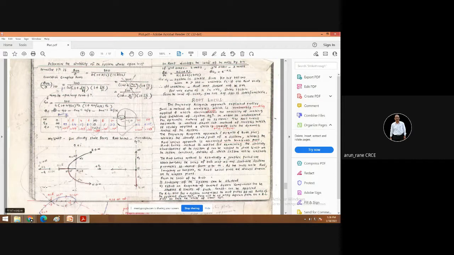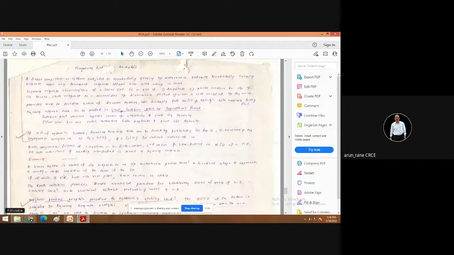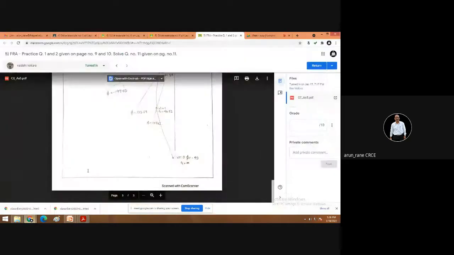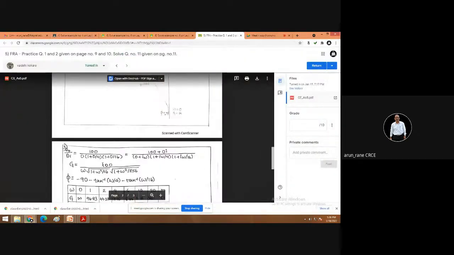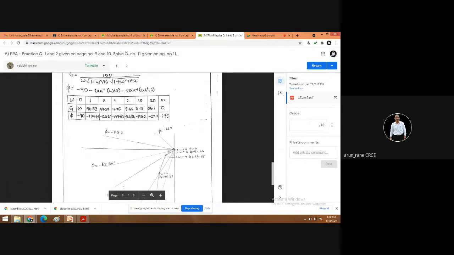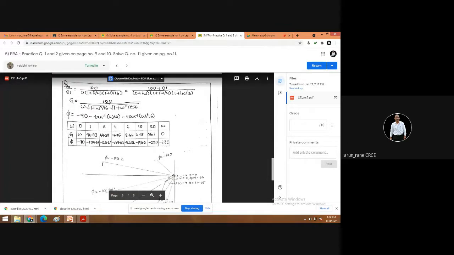So this graph, I am getting like this. It comes like this, and like this. So let's see here, d by 4 and d by 16 and d and 100.